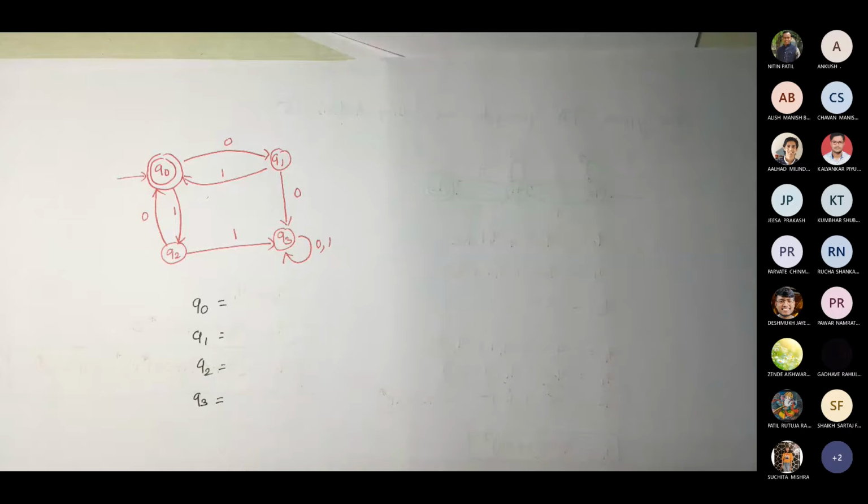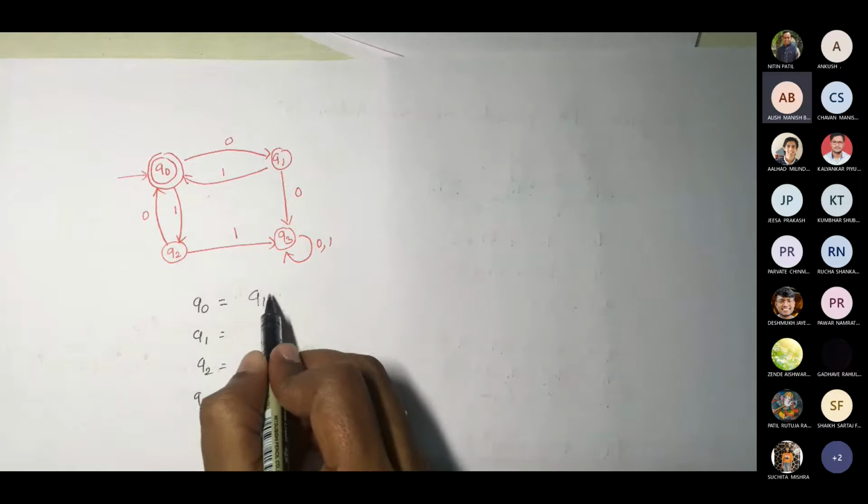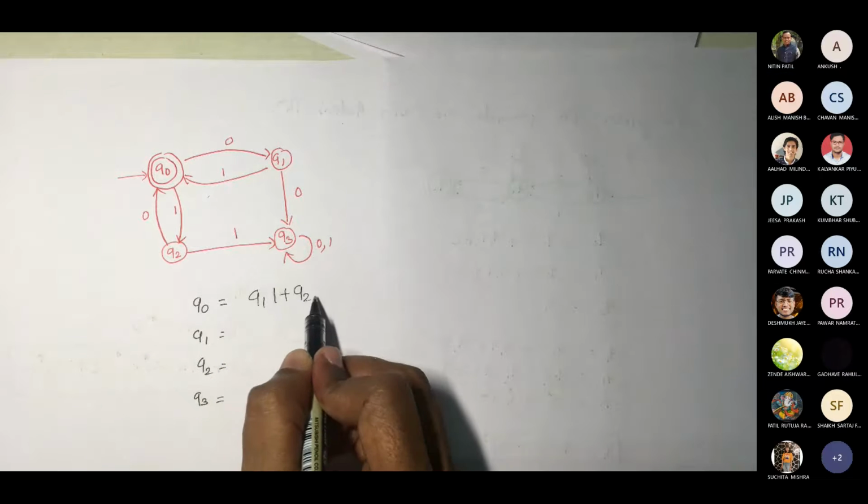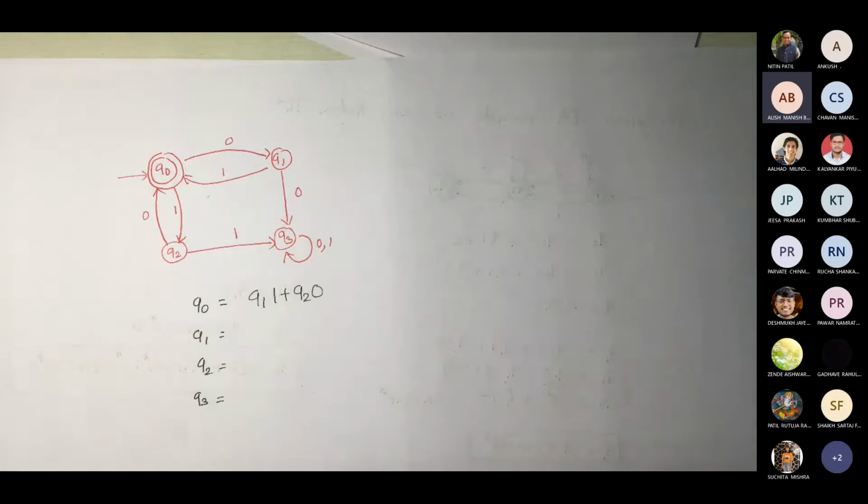Alish, give me the equation for Q0. Q0 will be Q1 1 plus Q2 0.